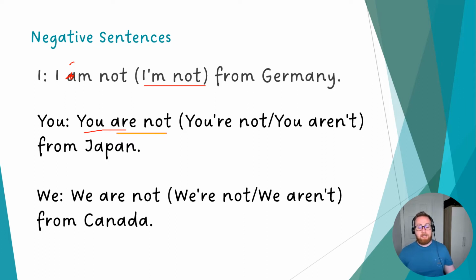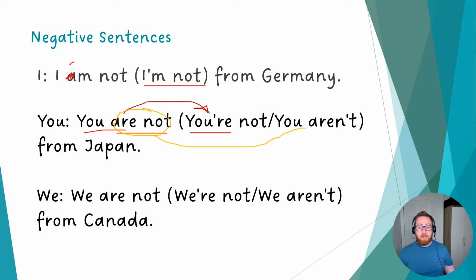Let's take a look at this. You are, you are not, you're not from Japan. This is contracting you are. Now, what if we contracted are not?